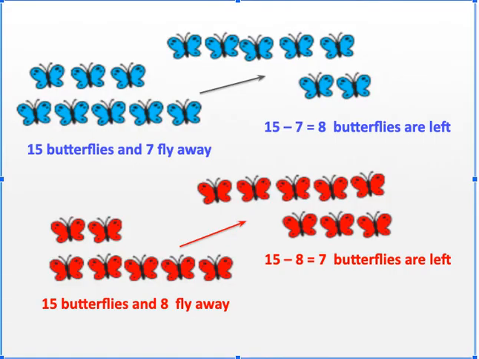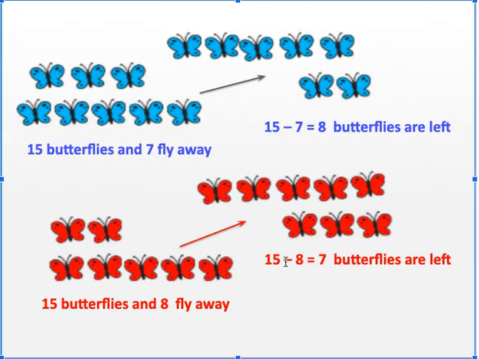First, let's look at the takeaway idea. The story goes that originally there are 15 butterflies in a garden, and then 7 fly away. Now there's only 8 butterflies left in the garden. This is the subtraction problem. 15 take away 7 is equal to 8.